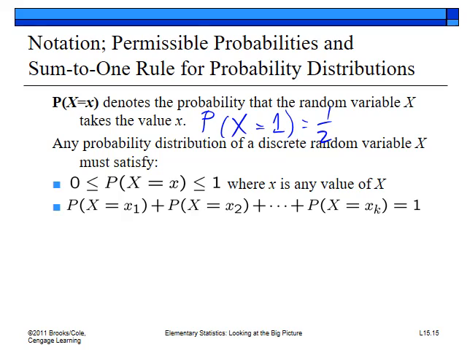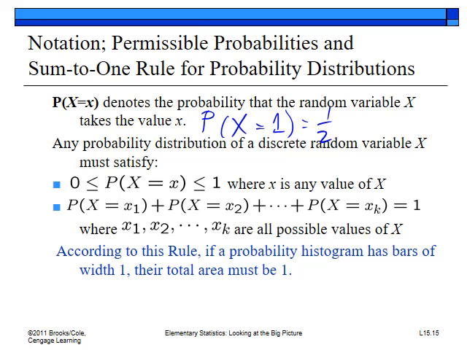Also, if you take all of the things that big X could possibly be equal to and add up the associated probabilities, you have to get 1. That's because if you add up all the probabilities of all the possibilities where they don't overlap, the sum must be 1. So if we're looking at a probability histogram and the bars have width 1, then the total area of all of those rectangles must be 1.